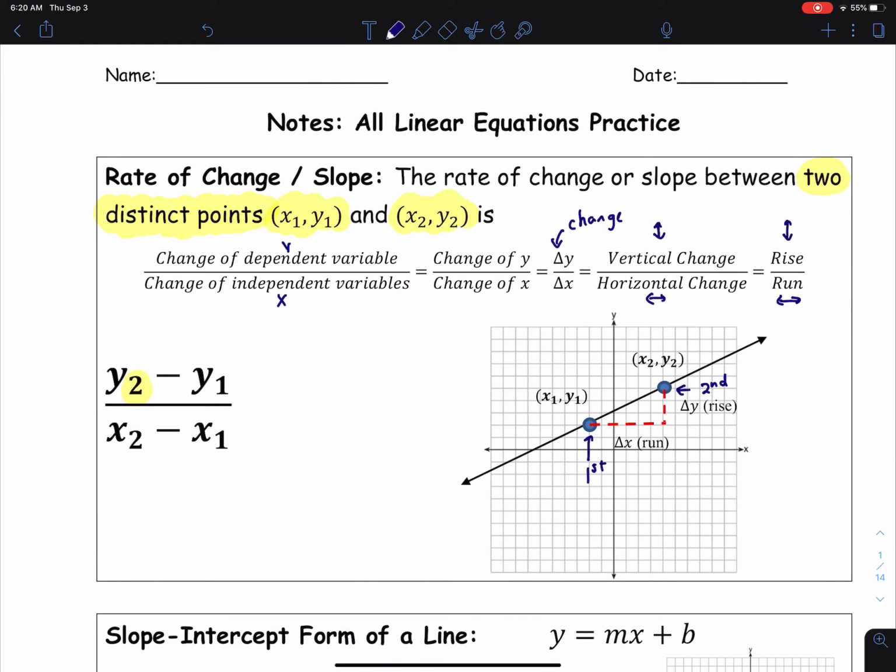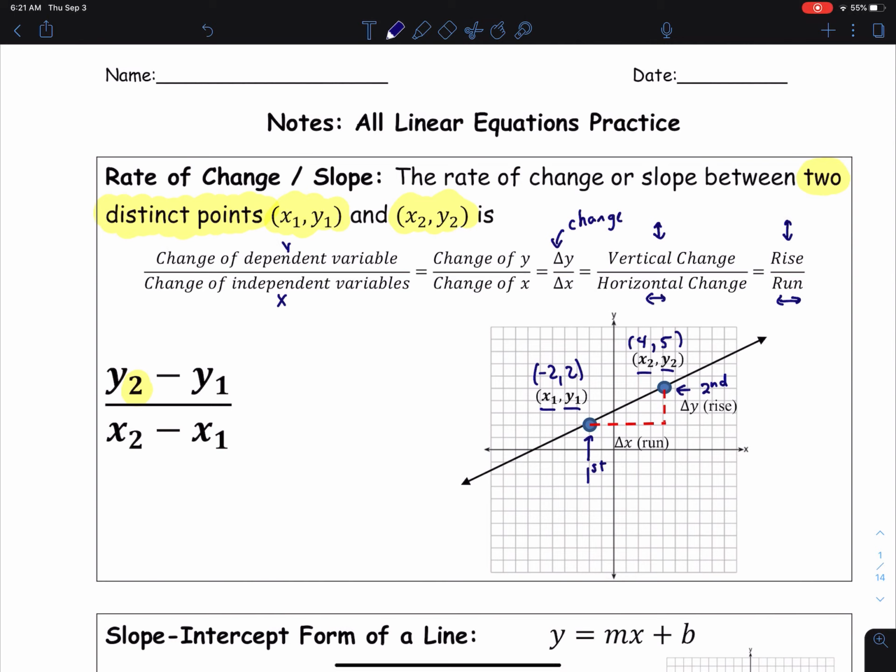So my second point has coordinates x2 and y2, and my first point, x1, y1. If I were to find my slope, I would plug in y2. Let's first find these points. This would be 4, 5, and this one over here would be -2, 2.